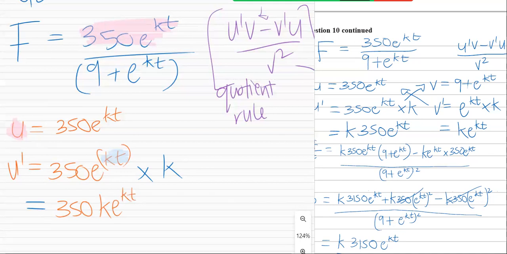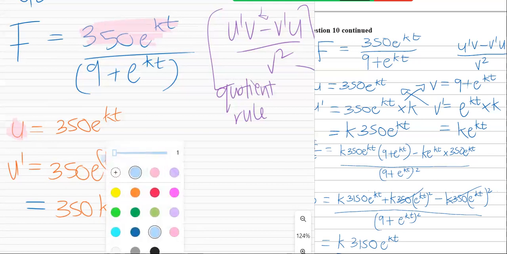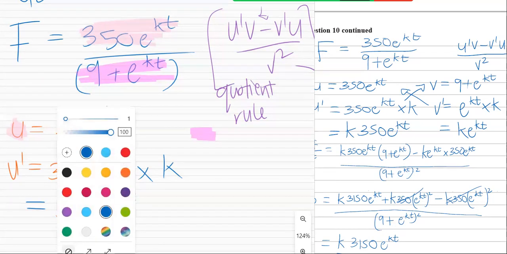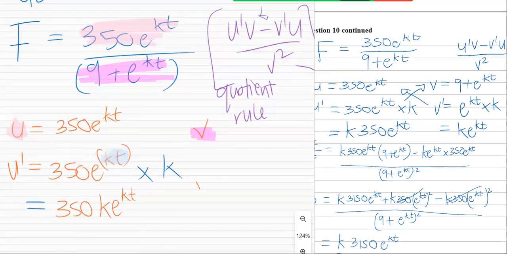Okay, then we have to do v. V in the quotient rule just represents the denominator, so this whole function is v. So v dash, being the first derivative of v, is 9 plus e^(kt), all in a bracket.